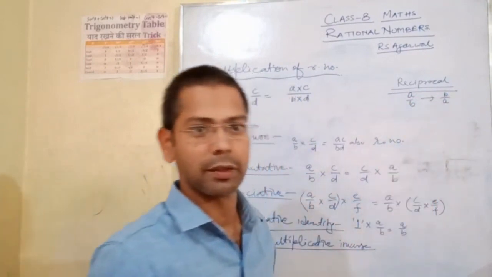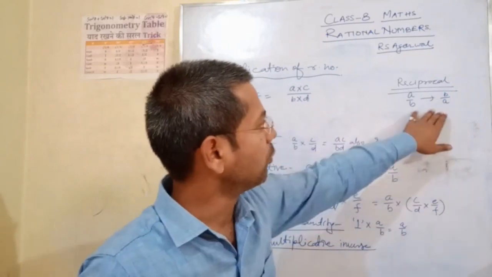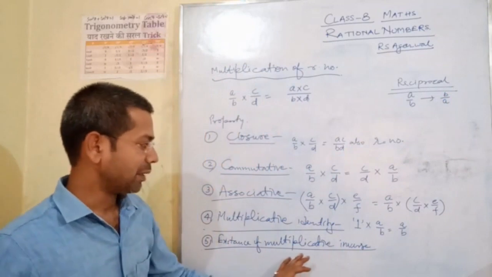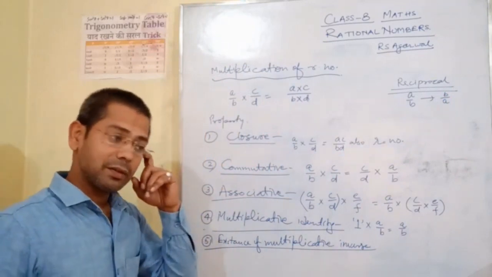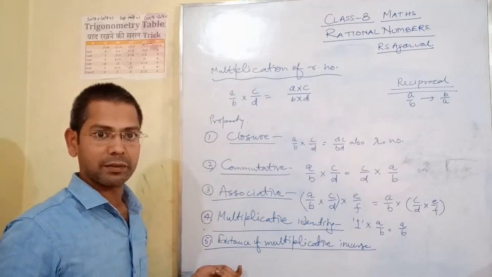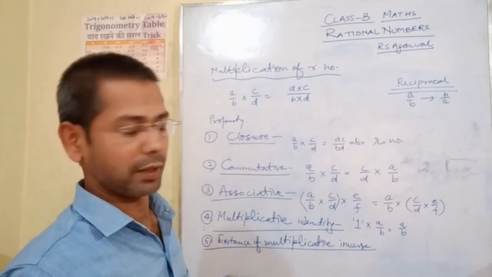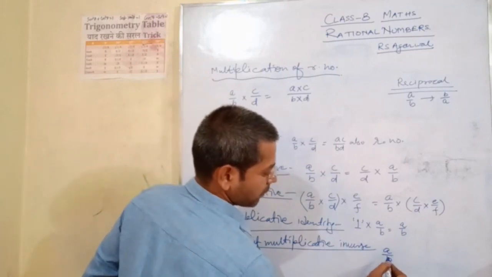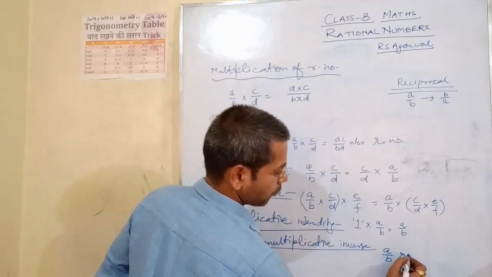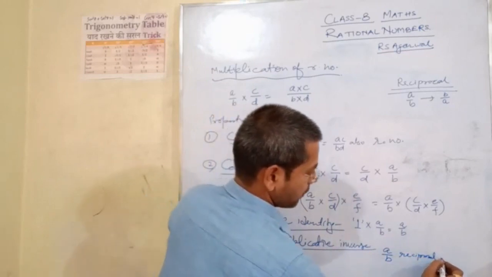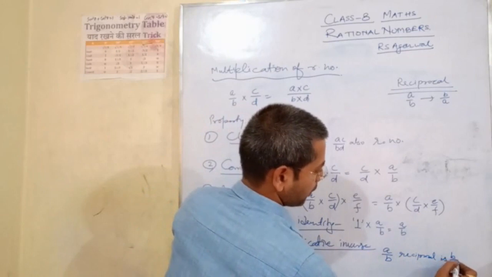The same rule we use to find whether the multiplicative inverse exists. Suppose a rational number is a upon b and its reciprocal is b upon a.